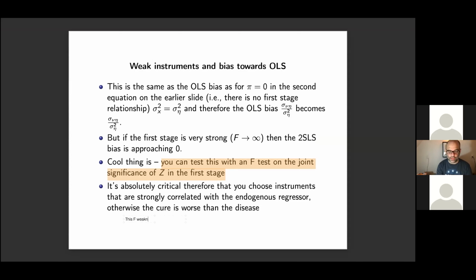This weak instrument problem is different from exclusion in that you can actually test with your data the correlation between Z and X. You can't test for exclusion, but you can test the issues with weak versus strong instruments using an F-test on the instrument in the first stage regression, right? So that's great. Here we finally have an assumption that we can test.